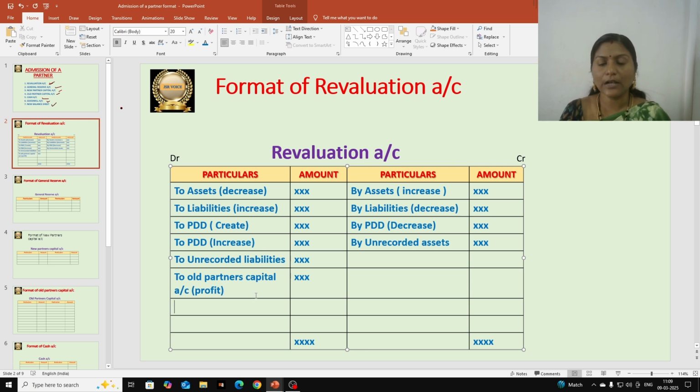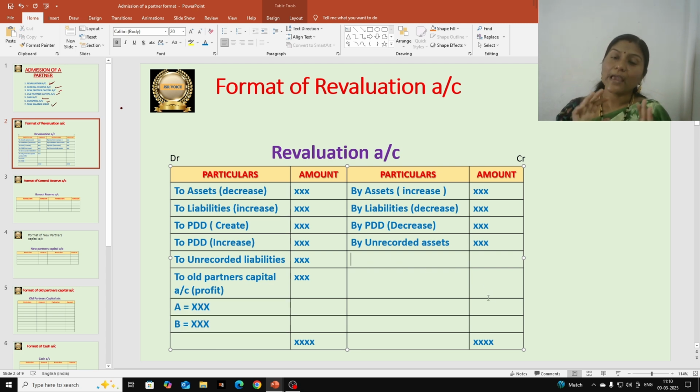Taking A and B as old partners, we have to distribute that 5,000 to A as well as to B. For A some amount and for B some amount. Is it equal? No, it is not always equal. They will give it in the question, students, how to distribute it. They will give the ratio, and accordingly we should calculate inside and put the amounts inside only. Hope that is clear.